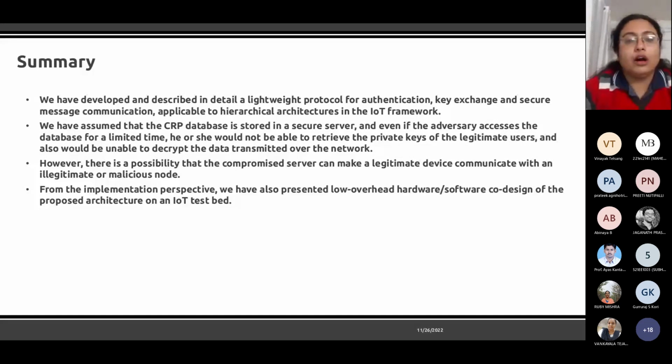So from my point of view, low overhead hardware-software co-design means that I could have used a 128-bit arbiter PUF, which has 128 stages, but that would have increased my hardware space.